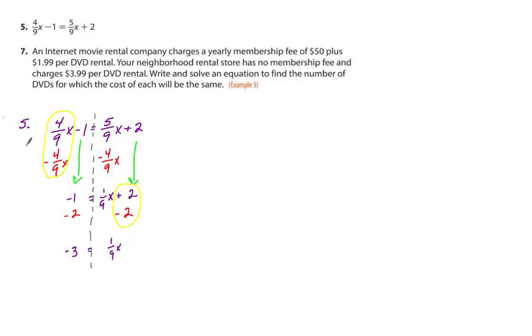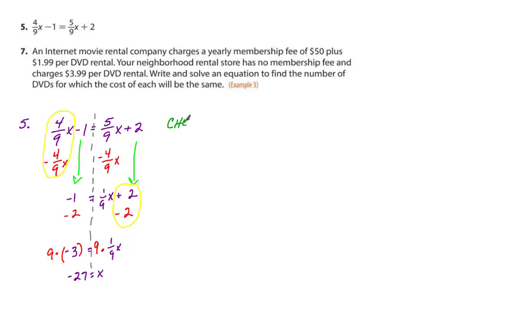Then I'm going to multiply, because I want to get rid of this coefficient of 1/9. So I'm going to multiply by 9, multiply by the inverse. Do the same thing here, multiply by the inverse. 9 times -3 is -27. 9 times 1/9 x is x. My answer is -27.